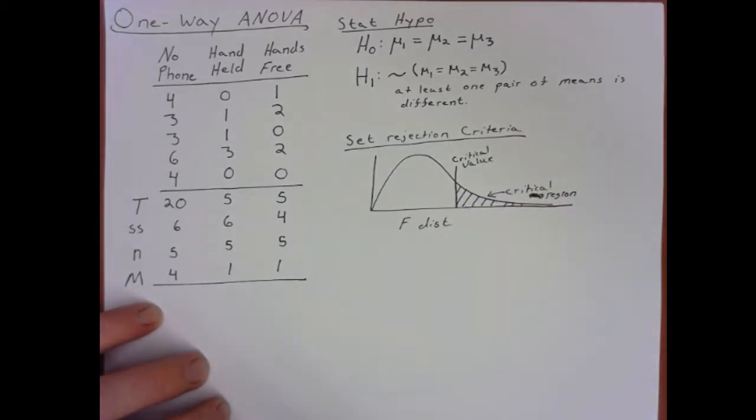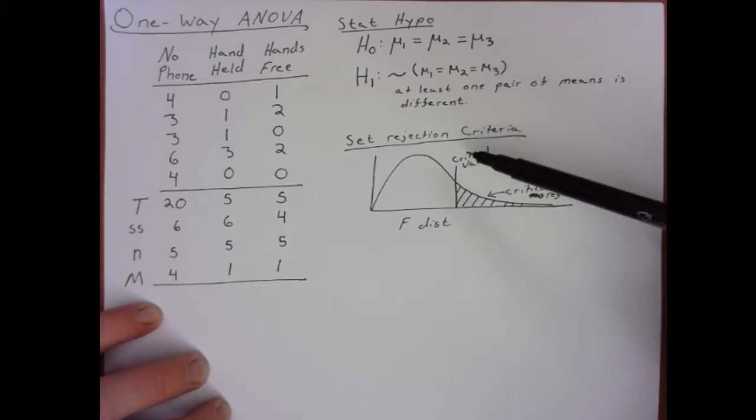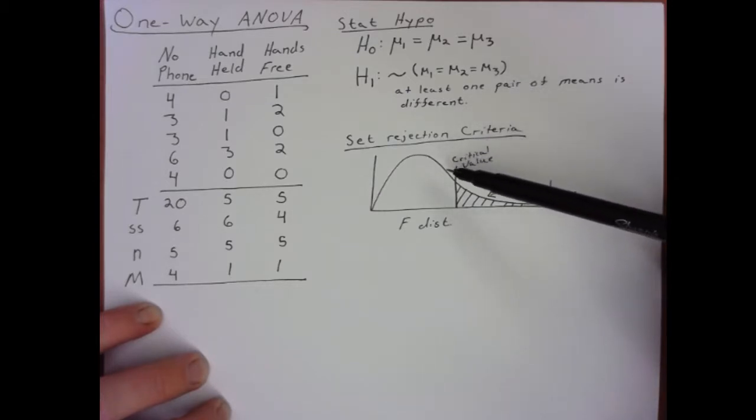Now, this runs essentially the same way as all the others do. If the test statistic we calculate falls in this critical region, then we reject our null hypothesis and accept our alternative hypothesis. What we need to do is find out what this critical value actually is.